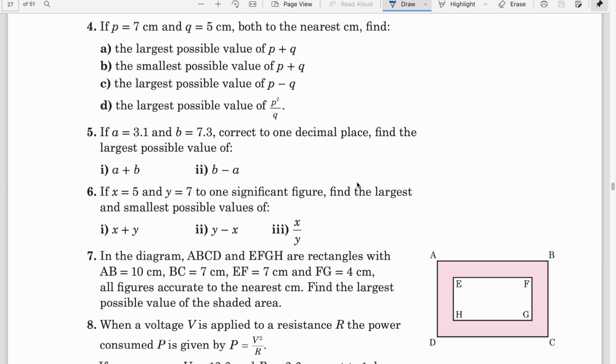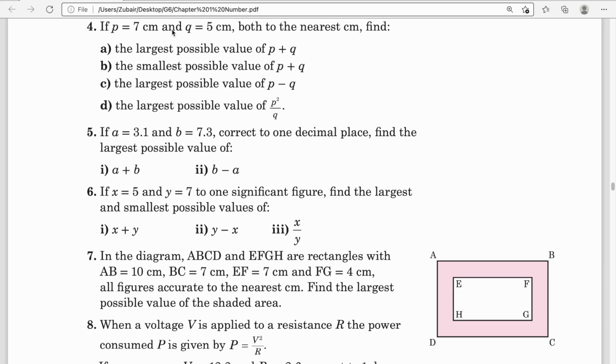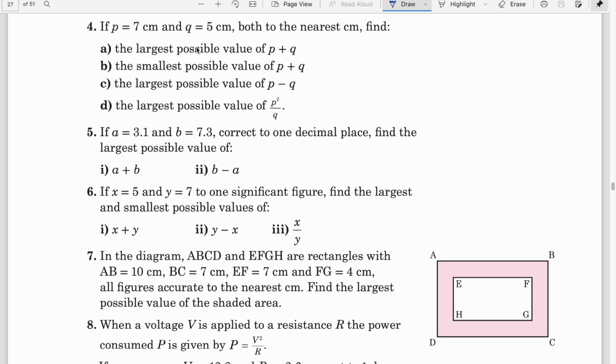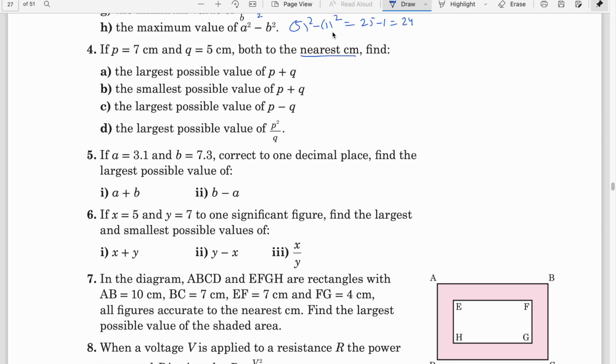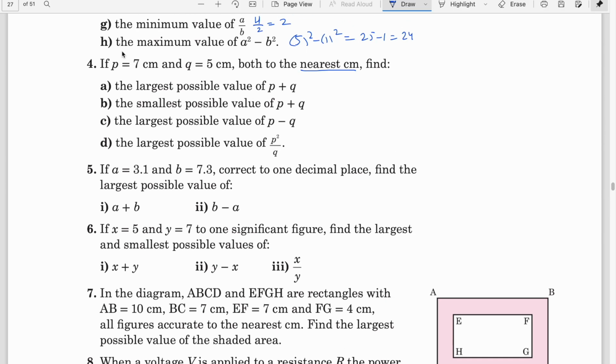Question number 4. If P is equal to 7 centimeters and Q is equal to 5 centimeters, both to the nearest centimeter, so nearest centimeter we know plus minus 0.5. So I'm writing those values for myself. 6.5 and 7.5. On the other side, 4.5 and 5.5.